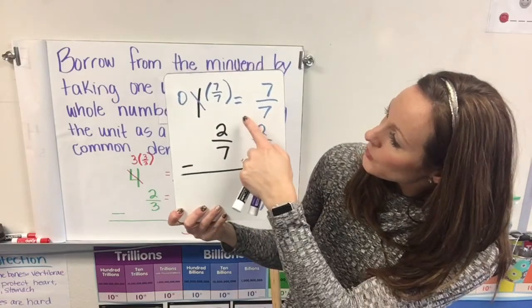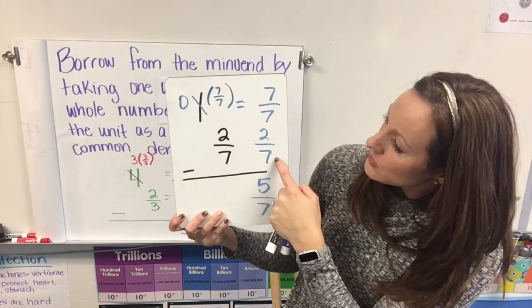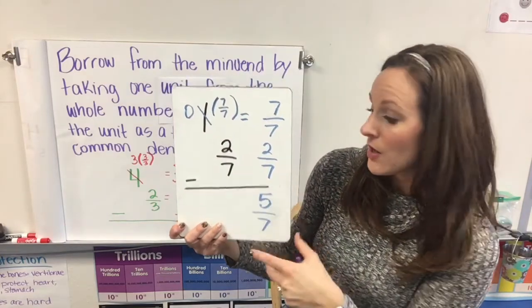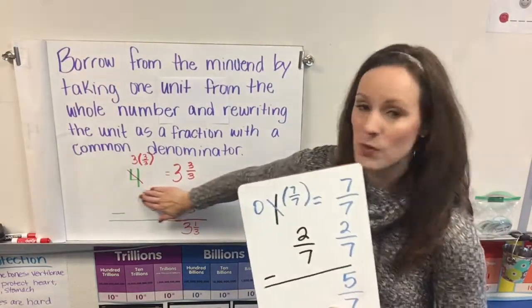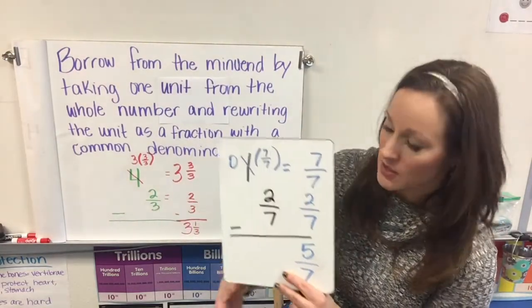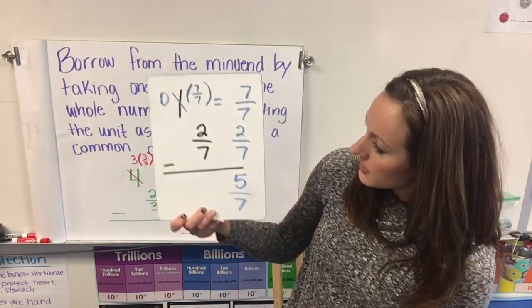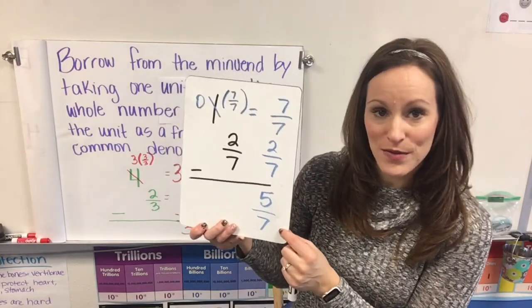What I ended up with, and I wrote equals over here, is 7/7 minus 2/7. Notice that I didn't change this fraction down here at all. This one will stay the same. We don't need to do anything with that subtrahend. We only want to worry about the minuend in this case. So 7/7 minus 2/7 equals 5/7.